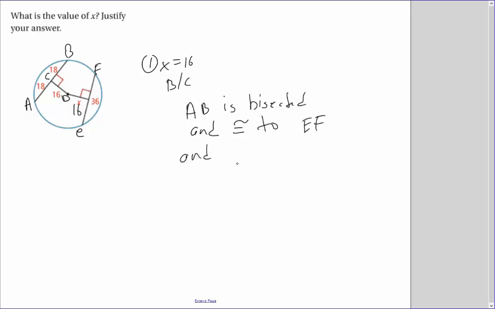And I know that AB is perpendicular to CD and EF is perpendicular to DQ. I'll say this is Q. So that's my reasoning of why X is 16, because I know AB is bisected and it's also congruent to EF, and I also know that AB is perpendicular to CD, and that EF is also perpendicular to DQ.